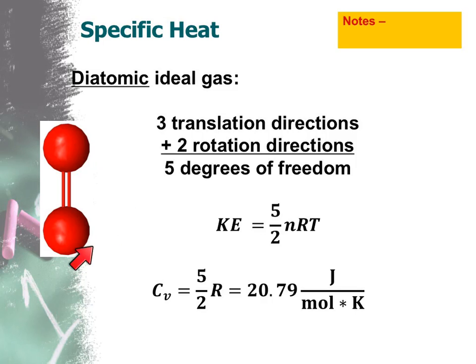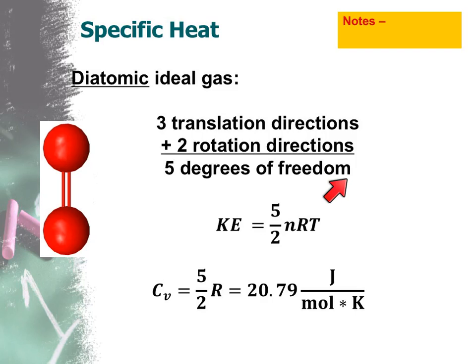So it's hard to help you visualize that with just a pointer and some talking, but hopefully you get the picture. Anyway, whether you get the picture or not, there are two ways that this thing can rotate, which means it has 5 degrees of freedom in its motion.